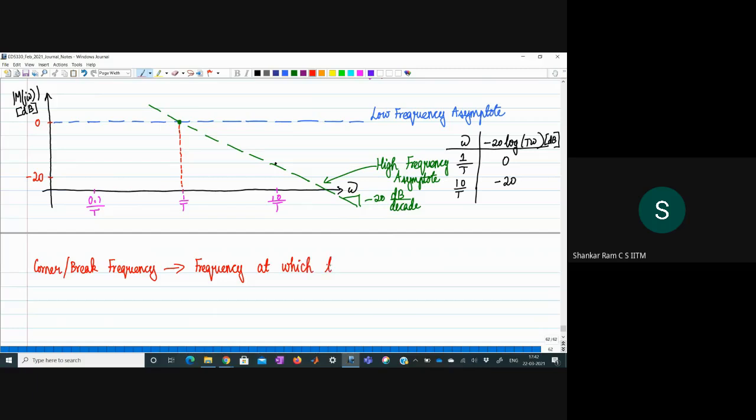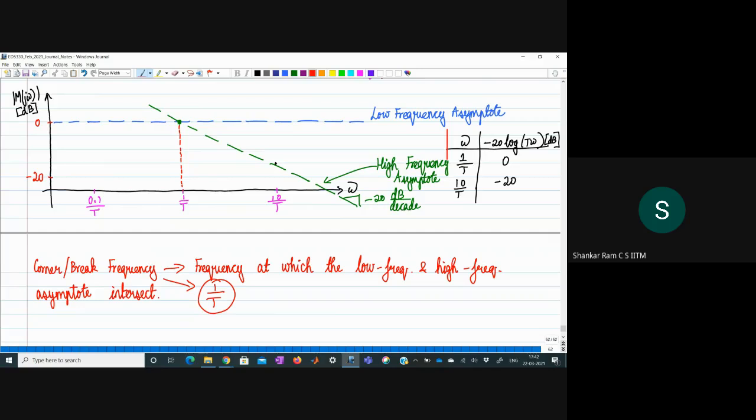The low frequency asymptote and the high frequency asymptote intersect each other. So in this case, the corner frequency is 1 by t radians, of course. All right, so 1 by t is the corner frequency for this particular case.